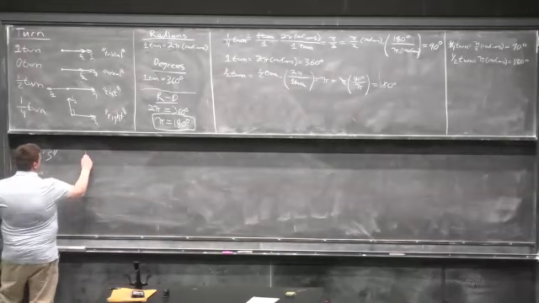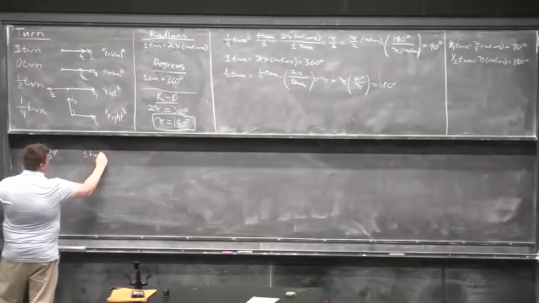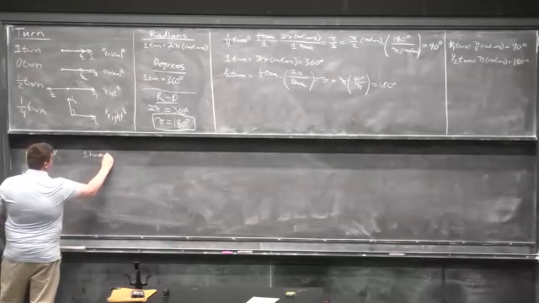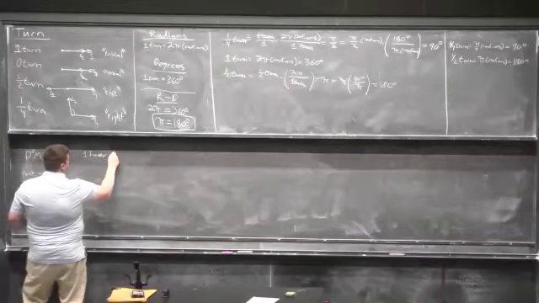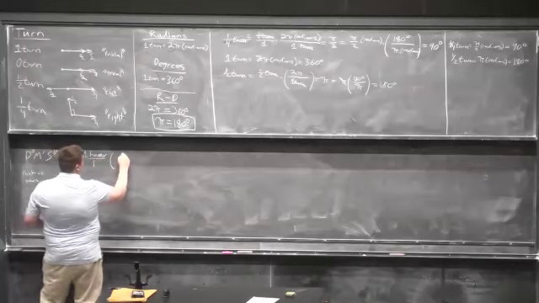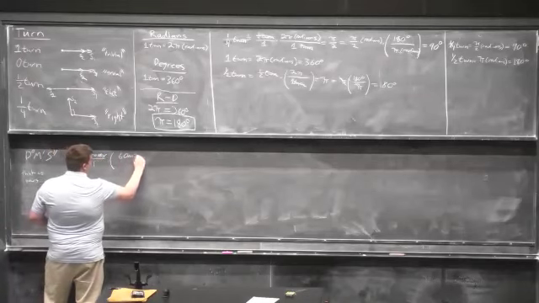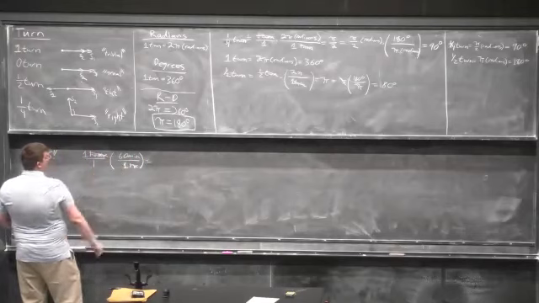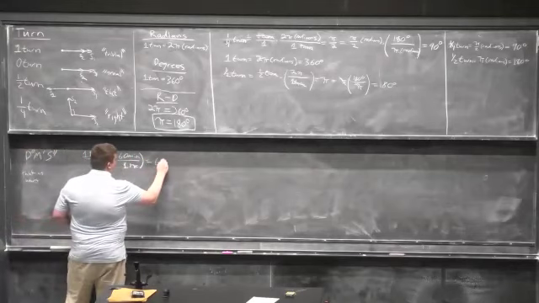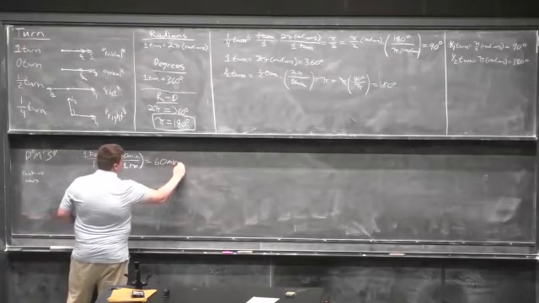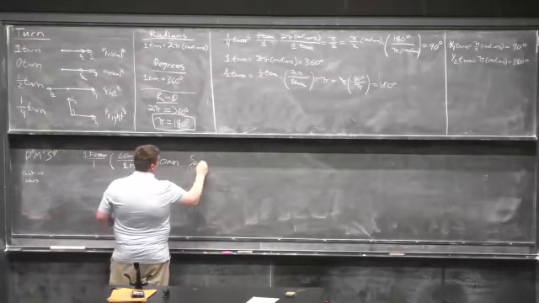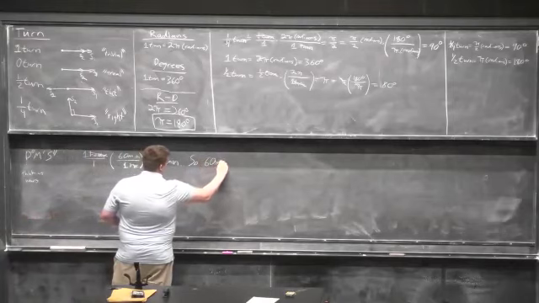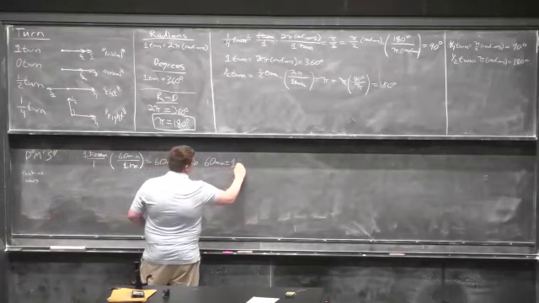We have 1 hour and we're going to times by 60 minutes per hour. Hours cancel, leaving us with 60 minutes. So 60 minutes is equal to 1 hour.